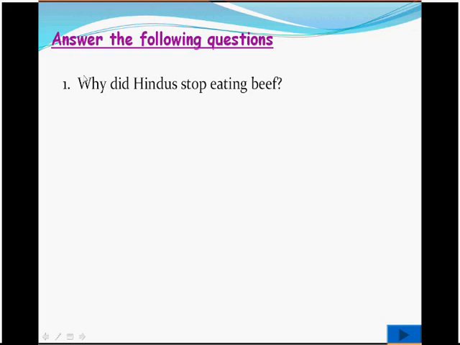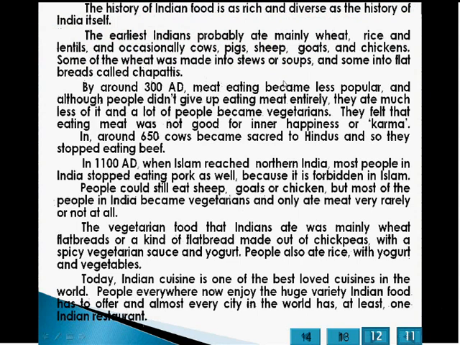So the key question here is the WH word, why. So we need here the reason for stopping eating beef. And of course, which is done by Hindus, not any other people. So let's refer to the text. I'll give you 1 minute to find the answer.